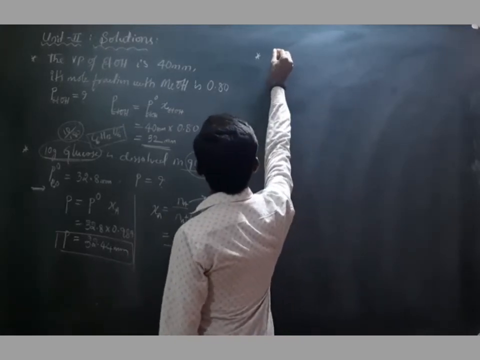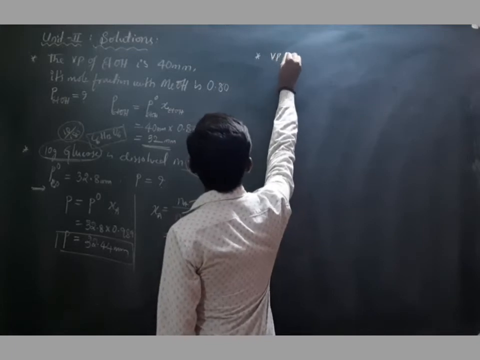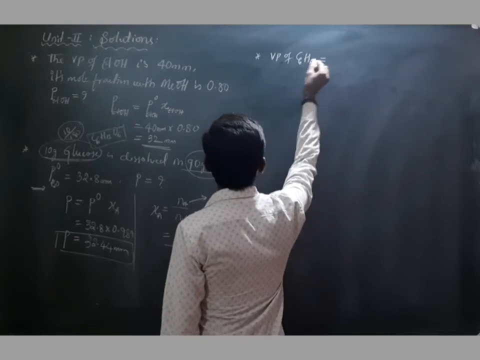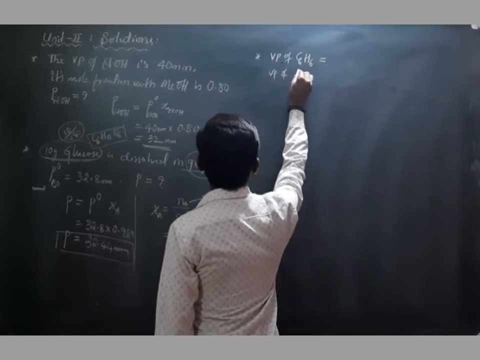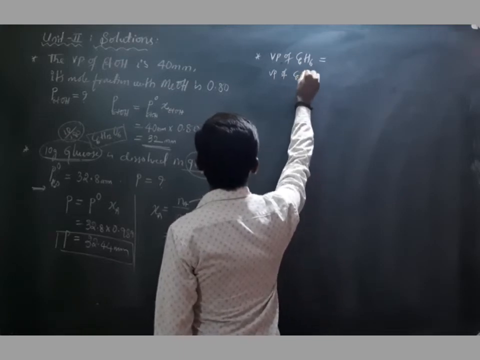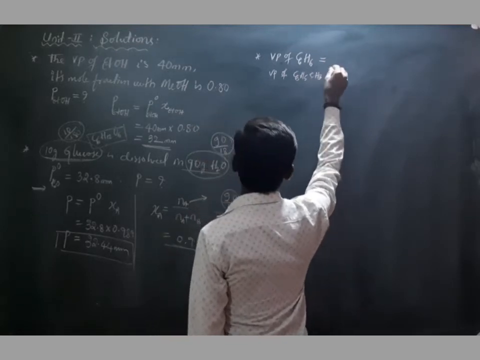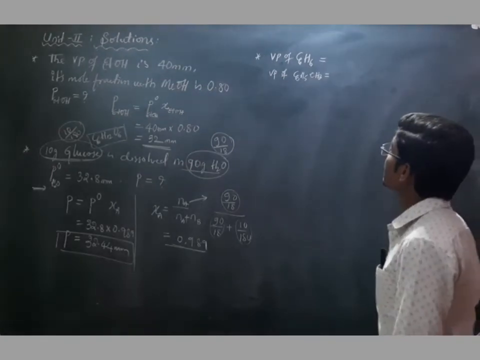The vapor pressure of pure benzene and the vapor pressure of toluene, C7H8: C6H5 that is benzene with CH3, toluene C7H8. The vapor pressures of benzene and toluene are given.